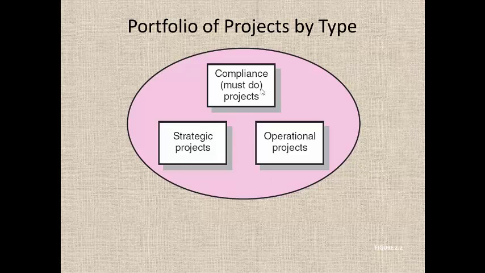Compliance projects are, for example, in IT, the famous year 2000 problem, where they needed to solve the Y2K problem. The Y2K problem was that the year was stored as 2 digits. So for year 00, the computer considers 00 as 1900 and does crazy calculations.